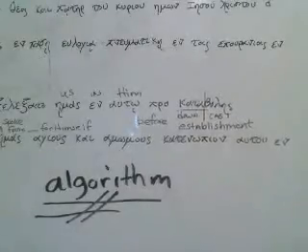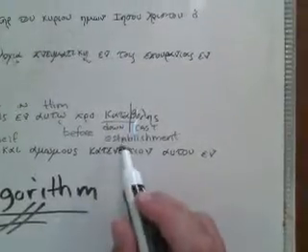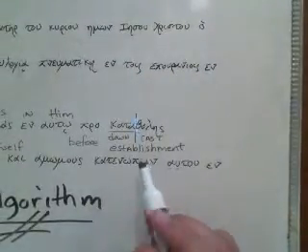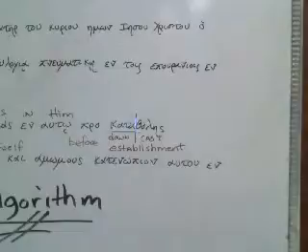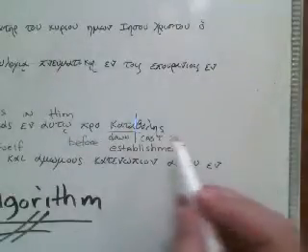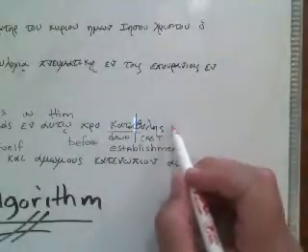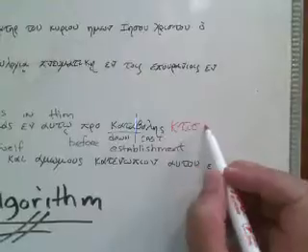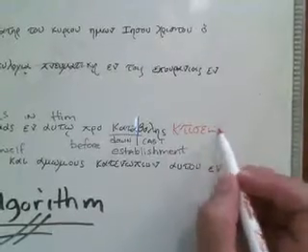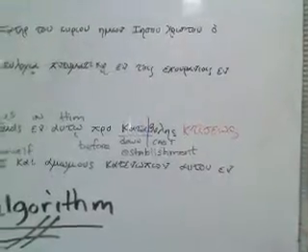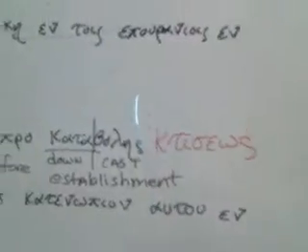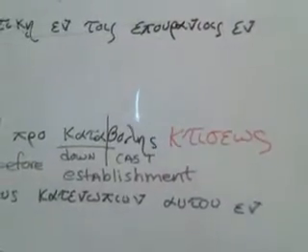Because this one word here, kataboles, is often translated creation. Well, for it to be that, there is a term for that. There we go. Yes, that's it. You can see it now. That's the term for creation.